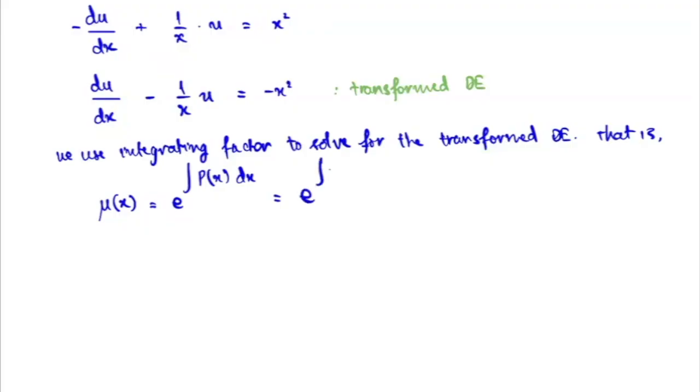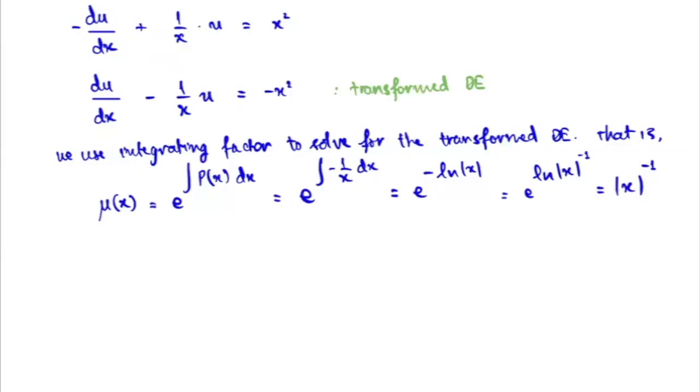So e to the power integral of negative 1 over x dx. This is equal to e to the negative ln of absolute value of x. Now the negative ln of absolute value of x, you bring that into the power: e to the ln absolute value of x to the negative 1. And e and ln cancel out, and you're left with absolute value of x raised to the negative 1.